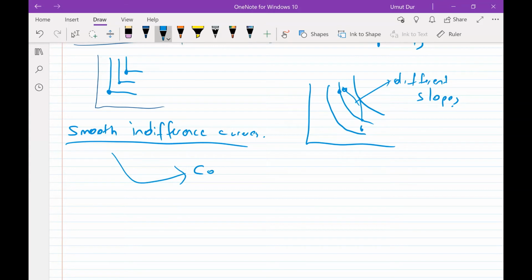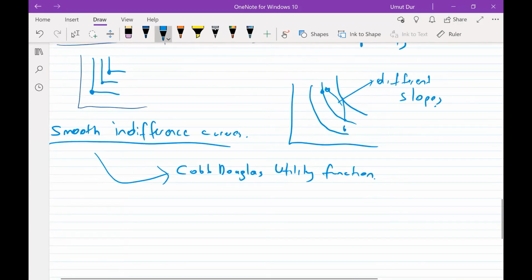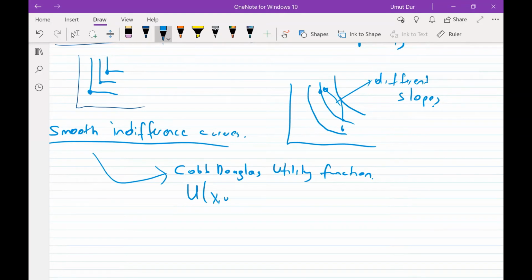The example for that is the Cobb-Douglas utility function, and the equation is usually given as U(x, y) equal to some constant a times x to the alpha times y to the beta.